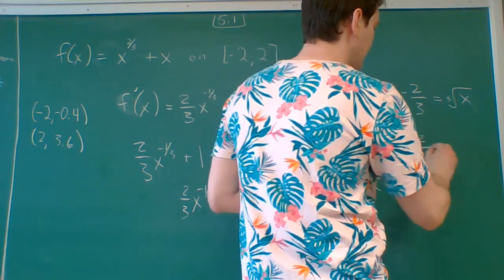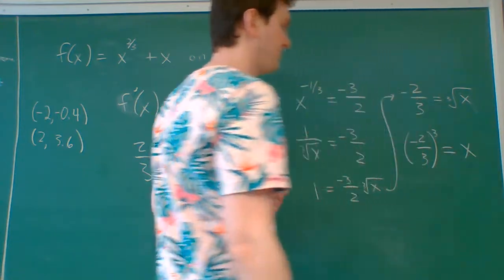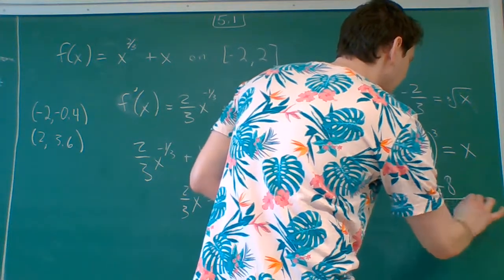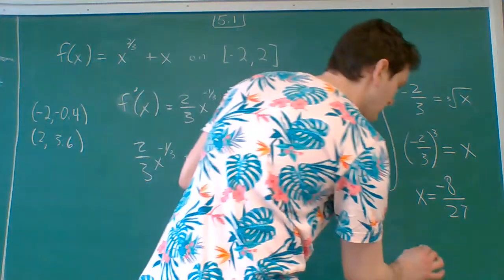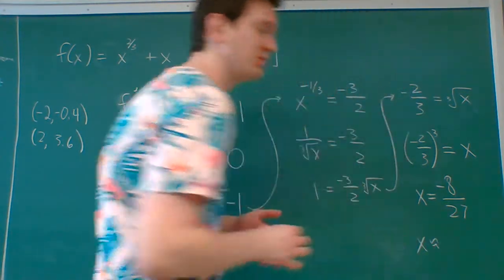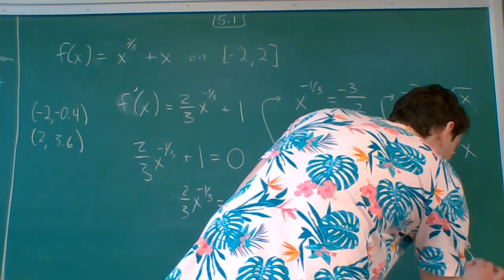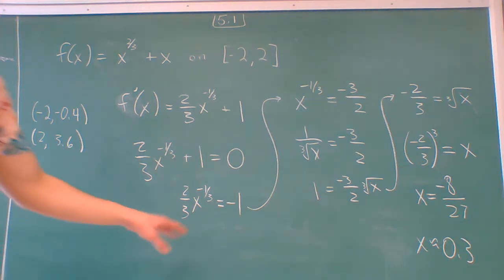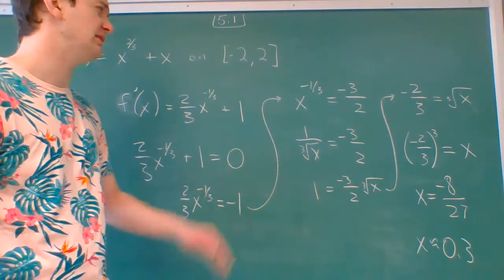So I'm getting negative 2 over 3 all cubed is equal to x, which will be negative 8 over 27, which is approximately 0.3. Okay. So quite a bit of heavy algebra here in solving for that flat point in the graph.